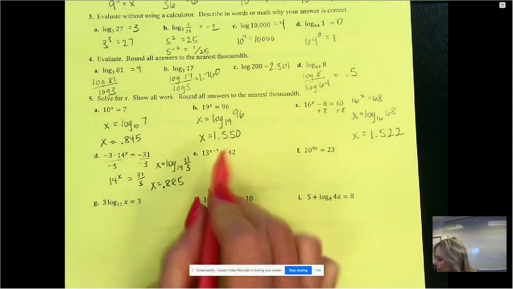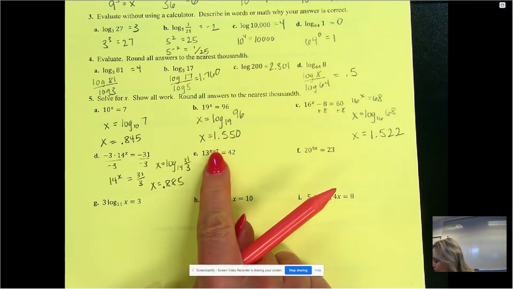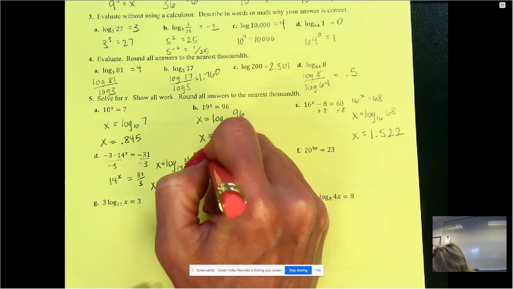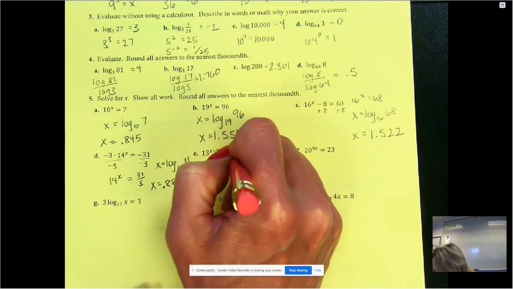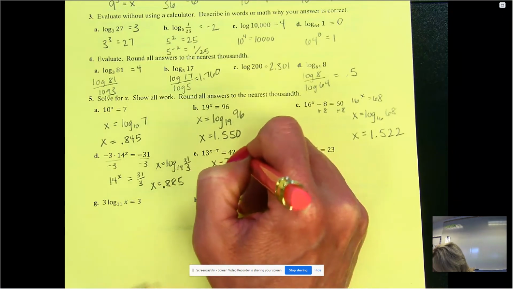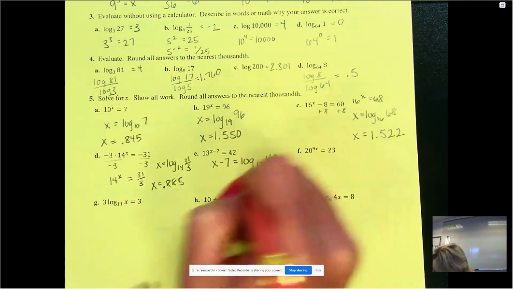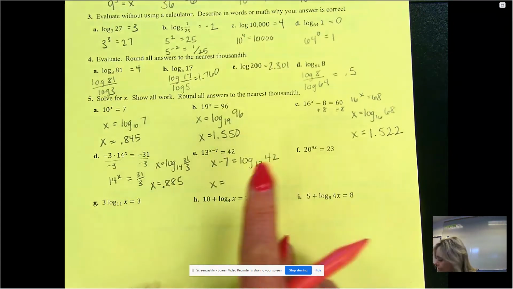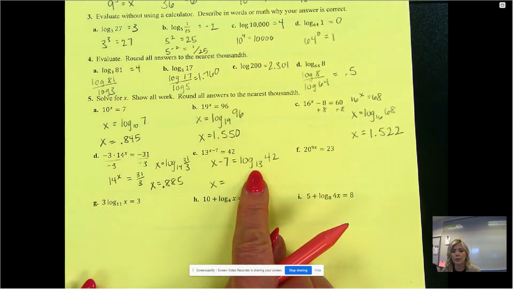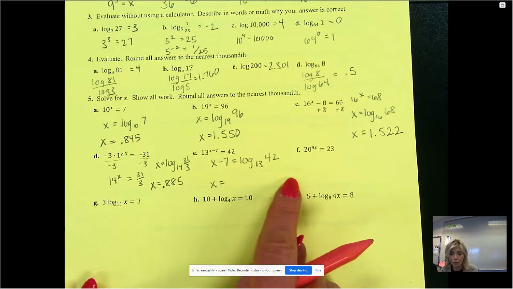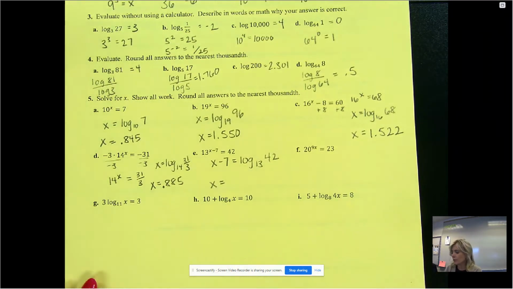All right, part E. Our base is 13, exponent is x minus 7. So I can go right ahead into log form. X minus 7 equals log base 13 of 42. So I'm going to find this answer, and then once I have it, I need to add the 7 over, right, to get the x by itself.